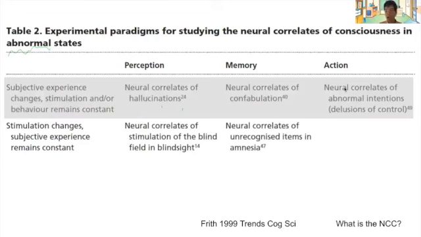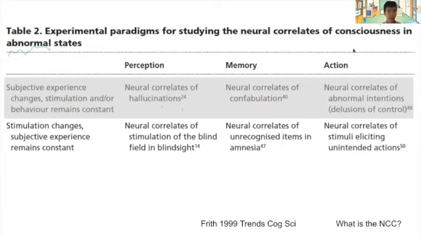Here, an amnesic patient, who we'll cover in a later lecture, sees the stimulus and says, no, I don't remember anything about this. However, they show some kind of behavioral evidence that he actually likes this thing and the familiar face that he saw before, or shows some aversion to things that were associated with, let's say, electrical shock. And then neural correlates of stimulus eliciting unintended actions, a similar story.